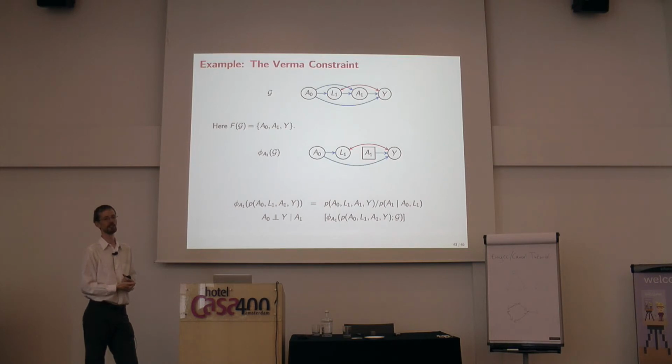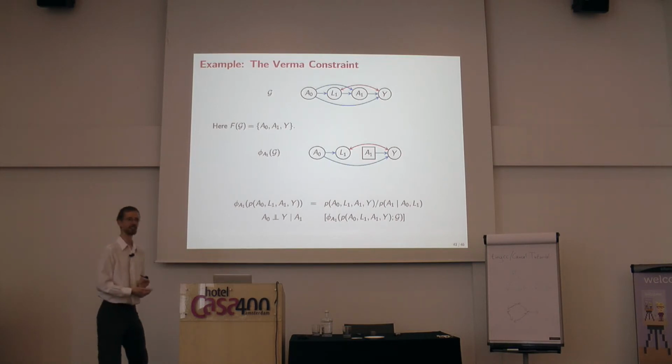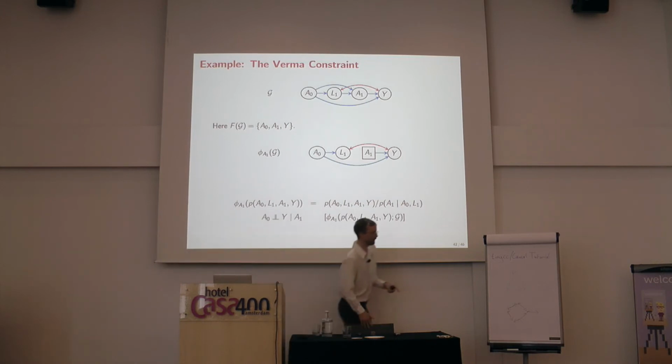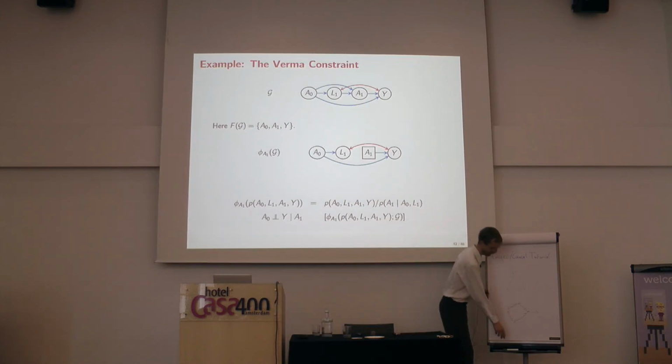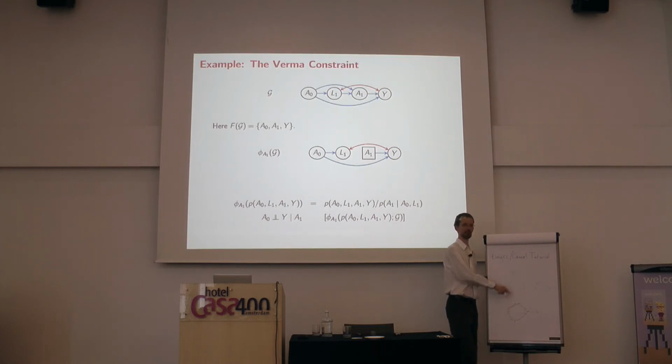Does that make sense? The point is that if everything's connected by bidirected edges, then there's no directed path to any other variable. So whenever you intervene on something, it has no effect on any of the other variables.